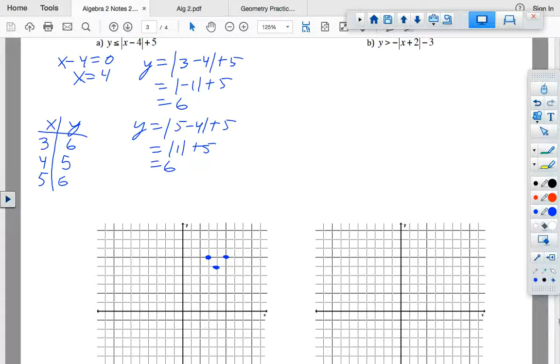Is this a solid or a dotted line? Solid. Now, if I'm looking at my inequality and I turn it counterclockwise to the left a little, which way is it going to point? Down.